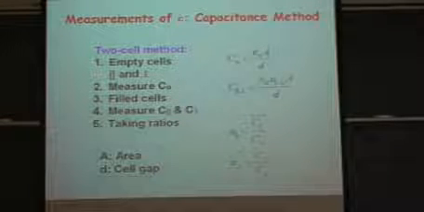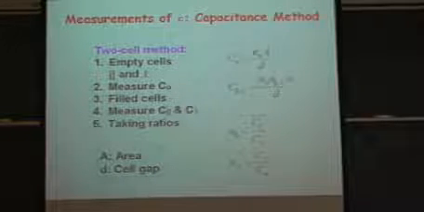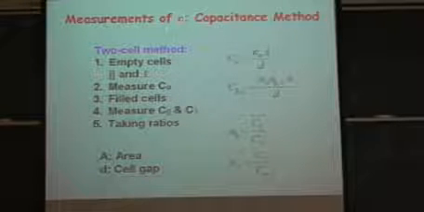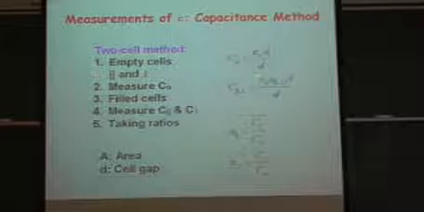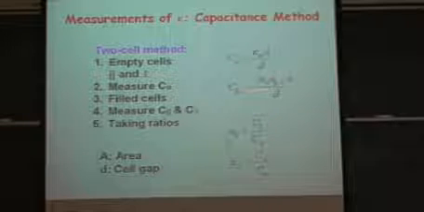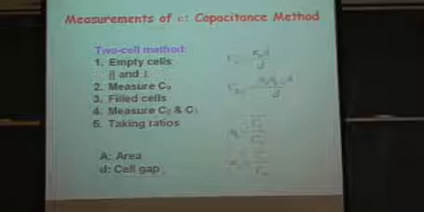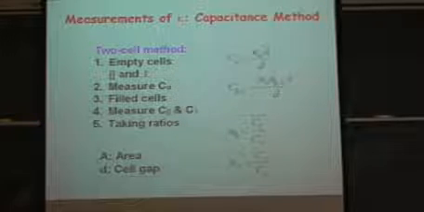One is homogeneous: all the liquid crystals align parallel to the glass substrate. Then another one is homeotropic: all the liquid crystals align perpendicular to the substrate. So by this equation, we can measure the epsilon parallel and epsilon perpendicular, and take a ratio.